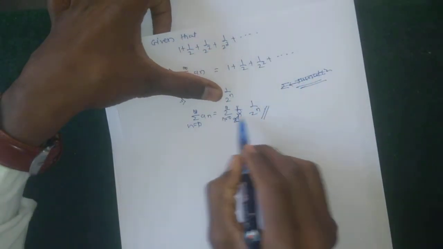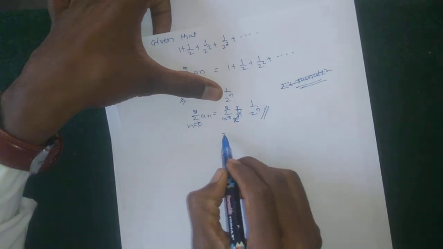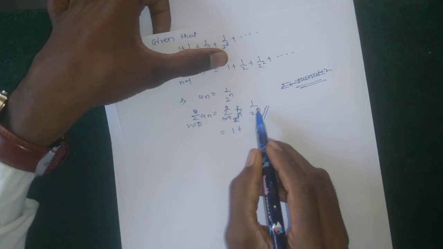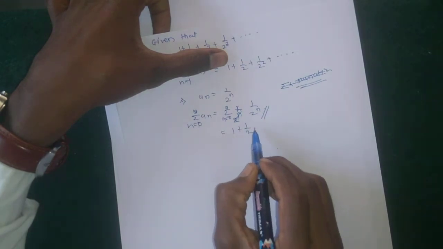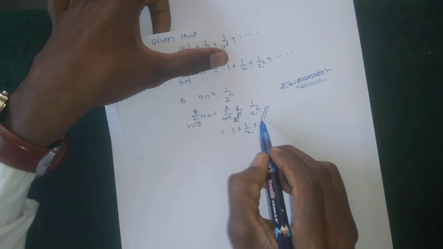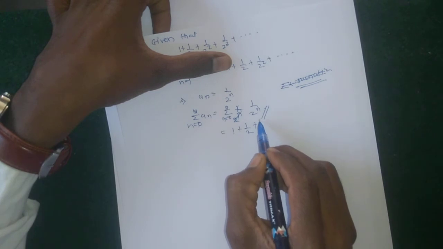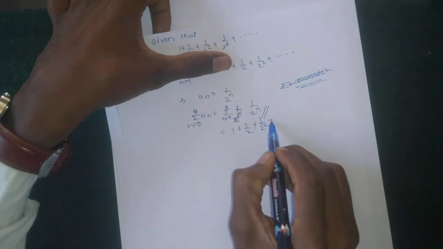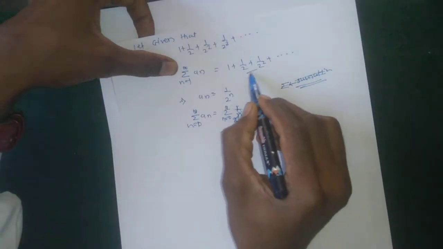So n equal to 0 gives 1. If we take n equal to 1, then 1 upon 2. If we take n equal to 2, then 1 upon 2 square, and so on, we get this sequence.